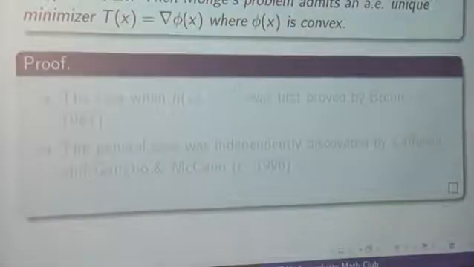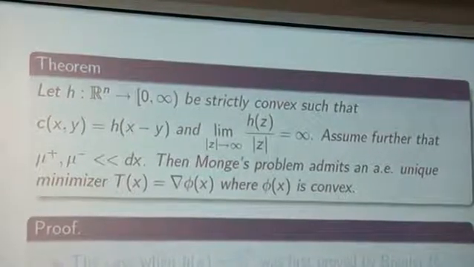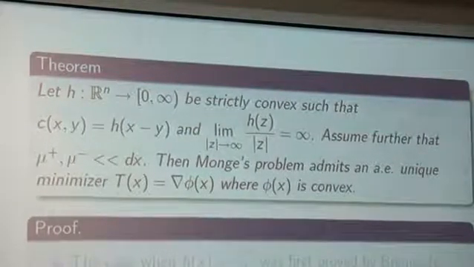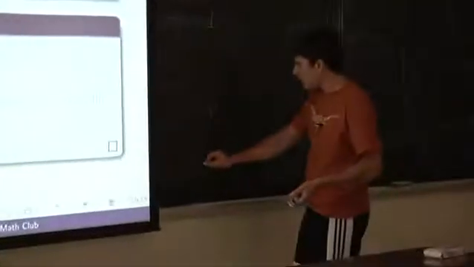So here is a theorem that in some sense gives us some information about this problem. Let me point out that Monge posed this problem in 1781. So until the 1940s, we made very little progress on that as a mathematical community.